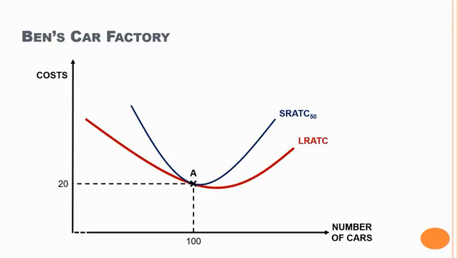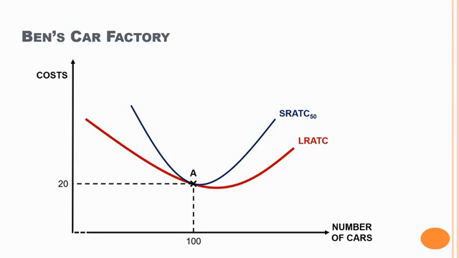So you see that in this case, the short-run average total cost curve associated with 50 machines, because you know that there is one single long-run ATC, but there are as many short-run ATC curves as you have a number of fixed quantity of machines.